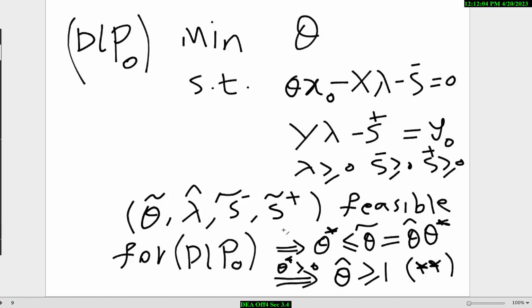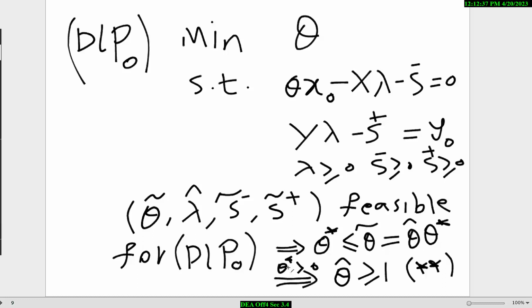Again, since the optimal value of minimization is always less than or equal to any feasible objective value, we have theta star is less than or equal to theta tilde, that is theta hat times theta star as we defined before.